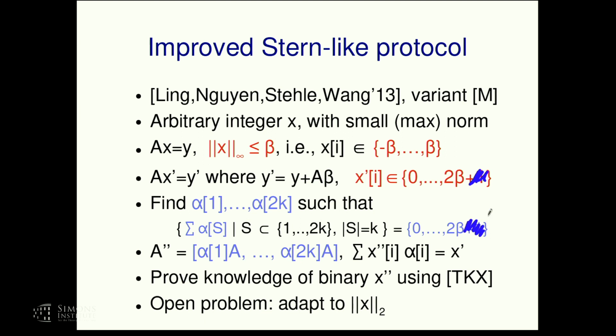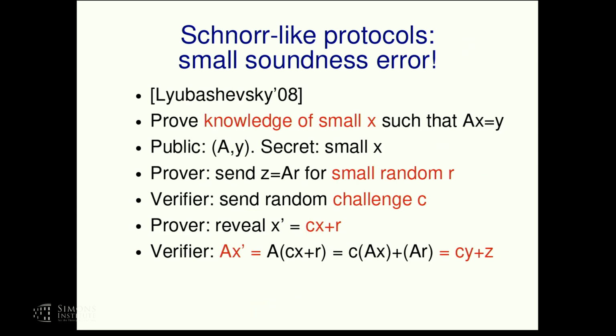You can find a collection of numbers, alpha 1 to alpha 2k, such that all the numbers between 0 and 2 beta can be written as a subset sum of these numbers, and not only as a balanced subset sum that has exactly k elements equal to 1 and k elements equal to 0. So this is very easy to do when beta is a power of 2. You just take the powers of 2 and you write the binary decomposition of your numbers. And at this point, you just want to show knowledge of a binary balanced vector, which can be done using the previous protocol.